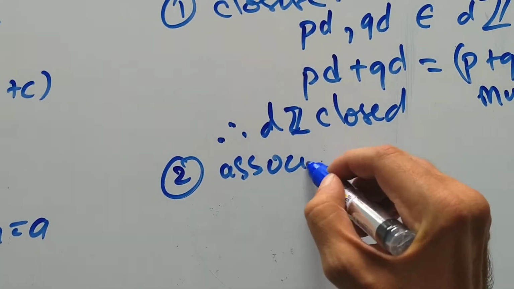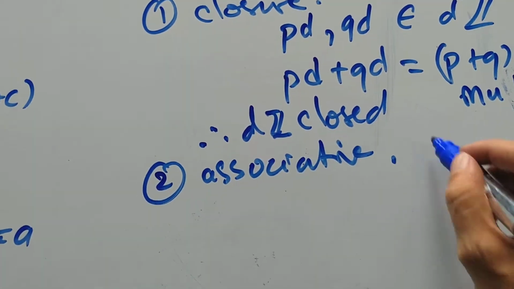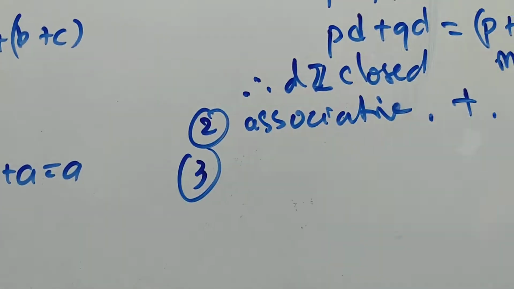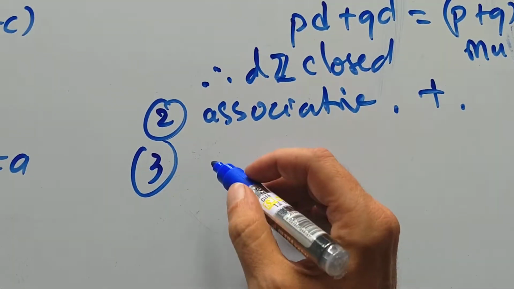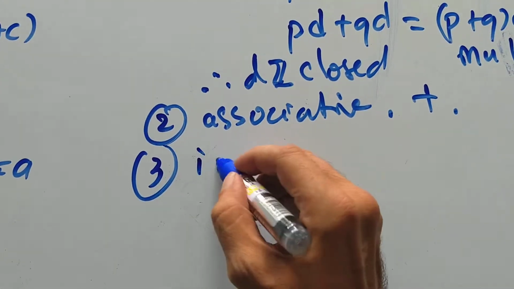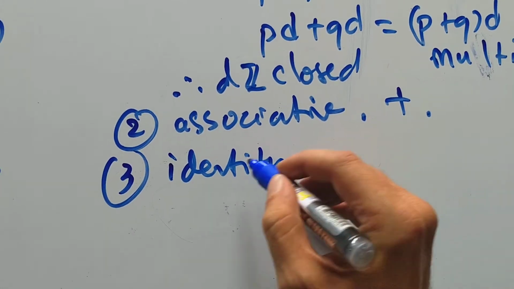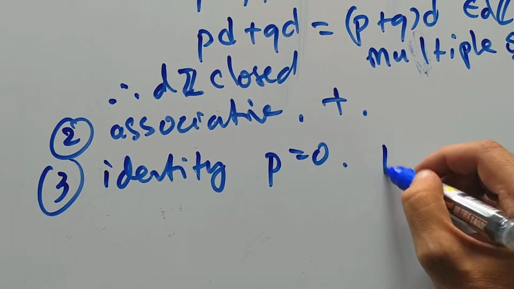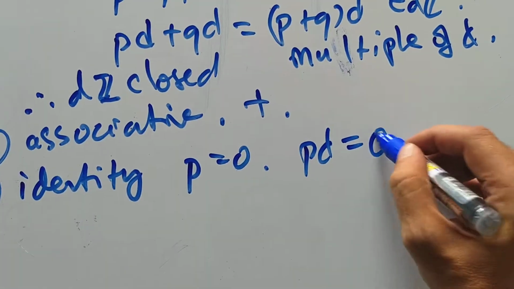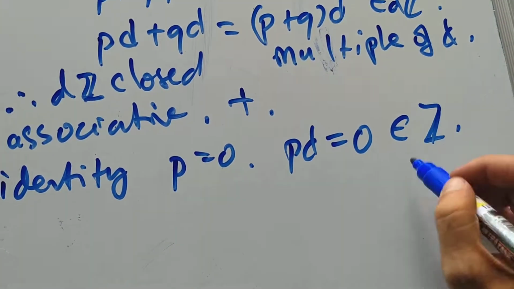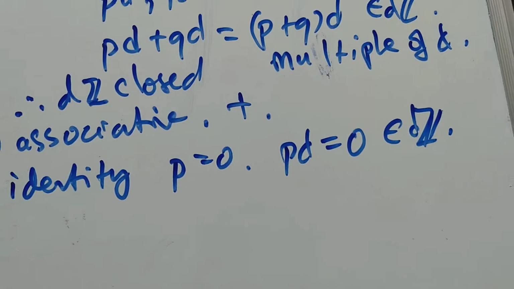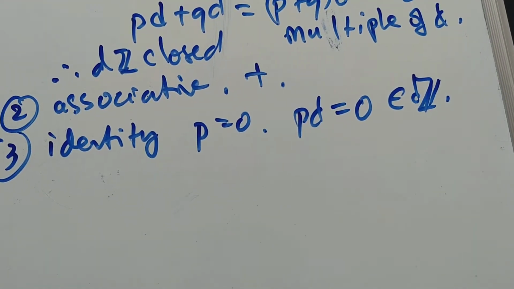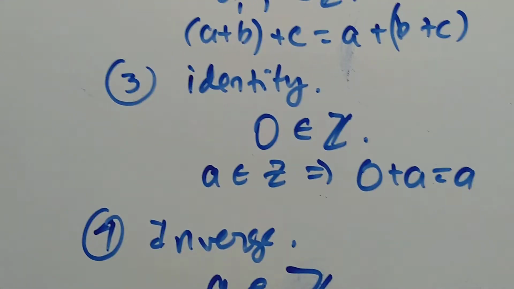2, associative. We know it's associative. Plus is associative. Let's do some hand waving there. Plus is always associative. 3, identity. Identity, easy. Take P as 0. So we have PD, this is 0, and that's got to be in Z and DZ. And this obeys the same rule as the identity as we saw here.